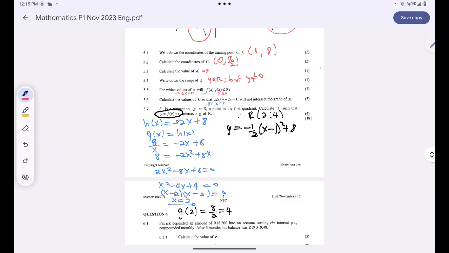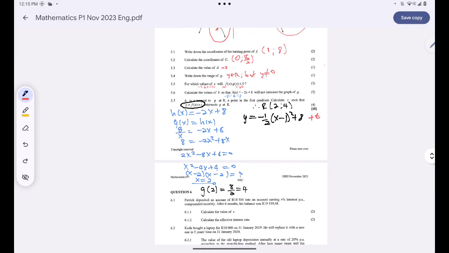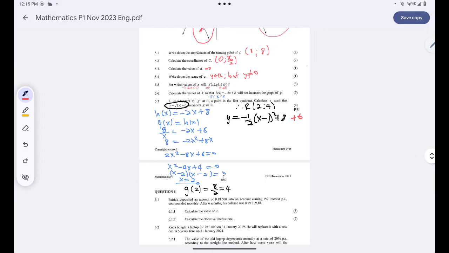But this graph has a t added there. I just want to find the value of t. How can I do that? By just substituting these 2 points over here. y is 4 and x is 2.